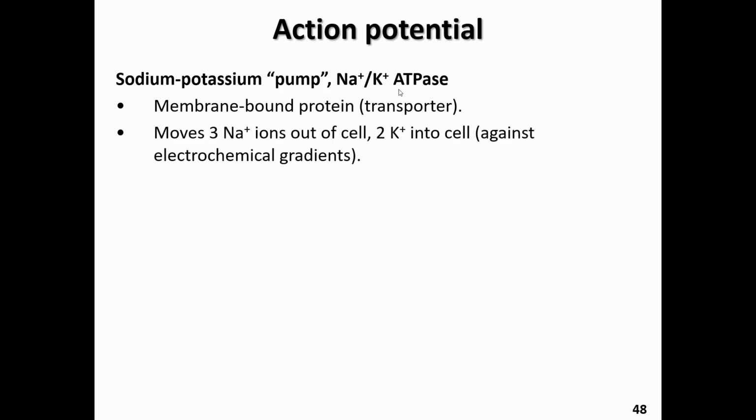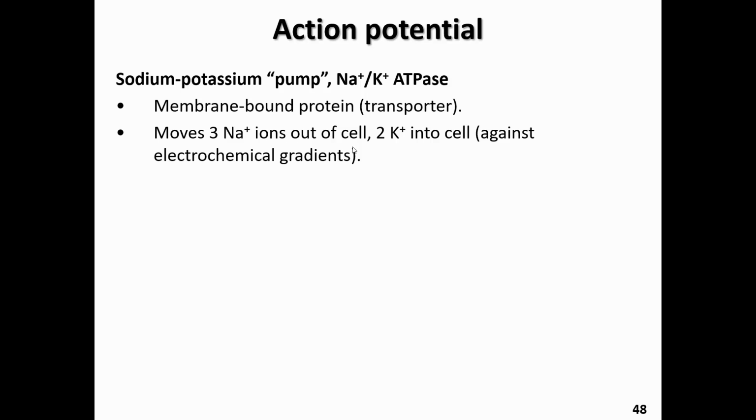And the overall function of this enzyme is that it will chemically bind three sodium ions on the interior of the cell and move those ions to the exterior, and then take two potassium ions outside the cell and move those into the cell.